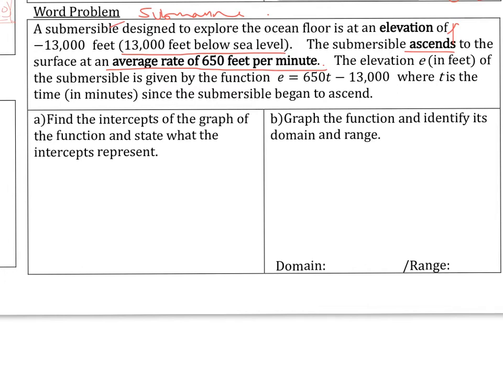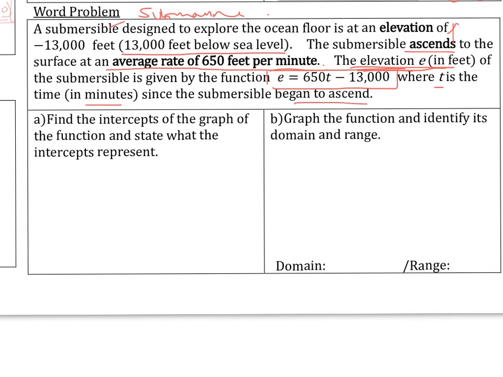The elevation, another way to represent distance, is given by the function E equal to 650 T minus 13,000, where T is the time in minutes since the submersible began to ascend.